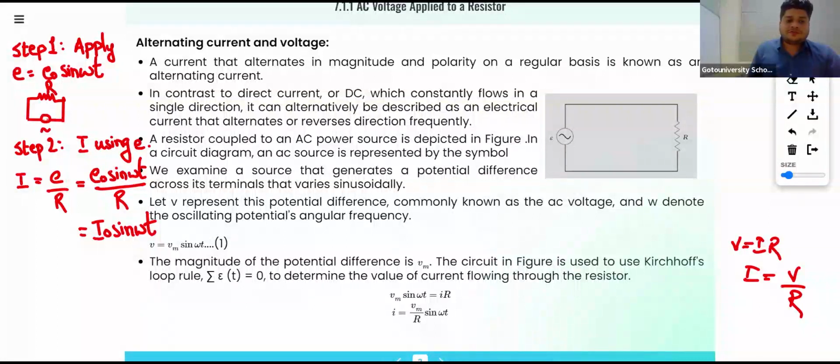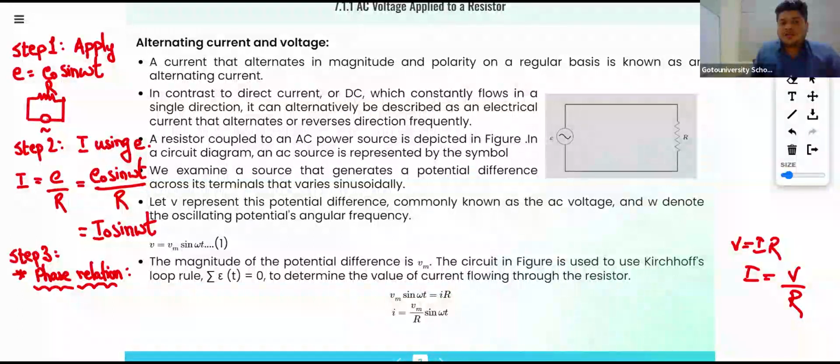Okay. Step 3. In step 3, we have 3 things. First, we have to find the phase relation. Phase relation means what?